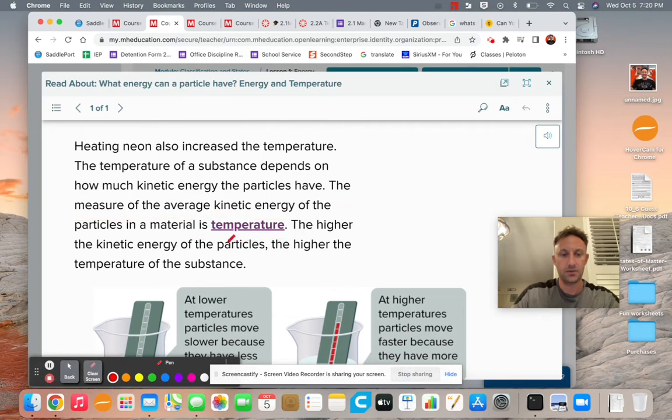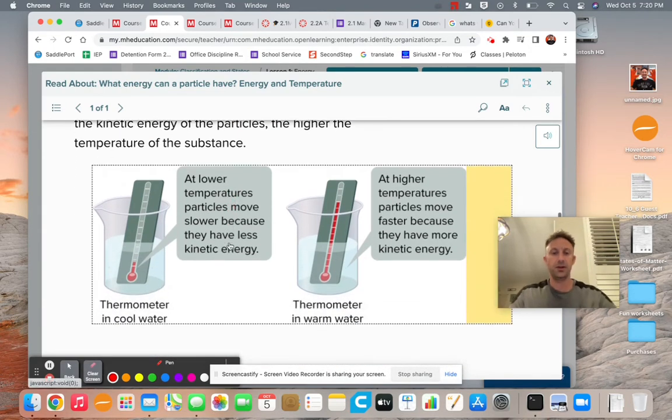All right, if you can go ahead and scroll down here. As you look at this picture, it's impossible for you to tell, but there are two beakers of water here. This beaker is cool and this beaker is warm. Some of you are saying, well, how can you tell? Well, just like on Friday when we used the thermometers that have the mercury, the higher the mercury moves, like over here, the more the particles are moving because of the energy that's in there.